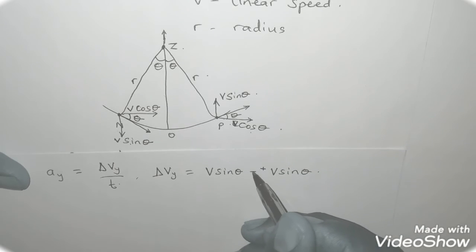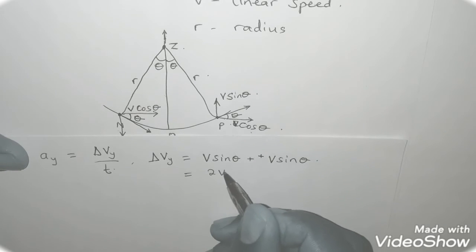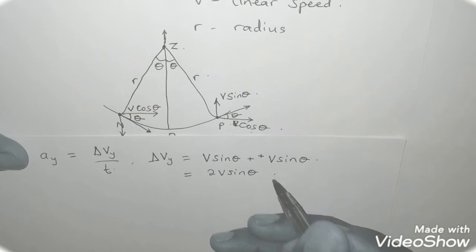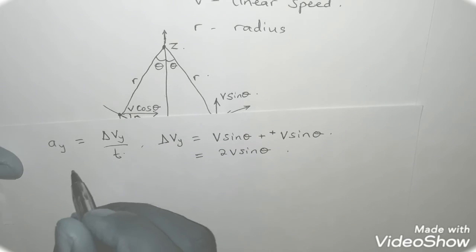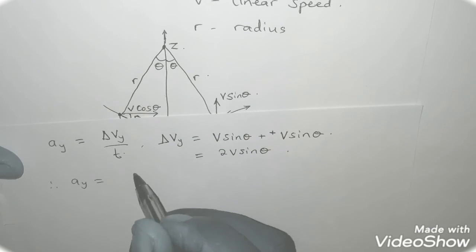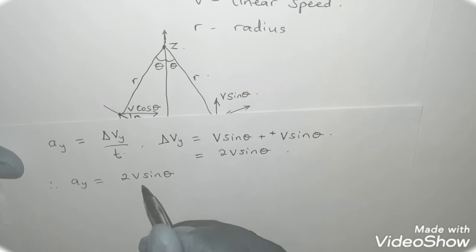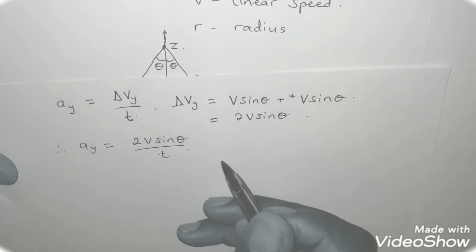So the minus and the minus becomes positive. And this gives us 2v sine theta. Therefore, our vertical acceleration is equal to the change in the velocity, which is 2v sine theta over time.